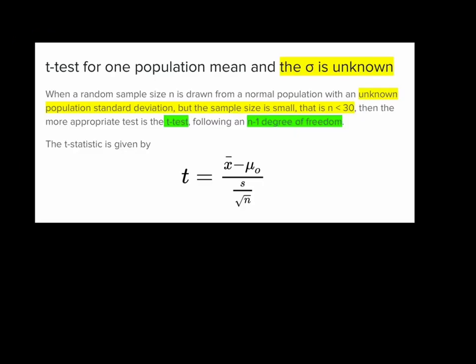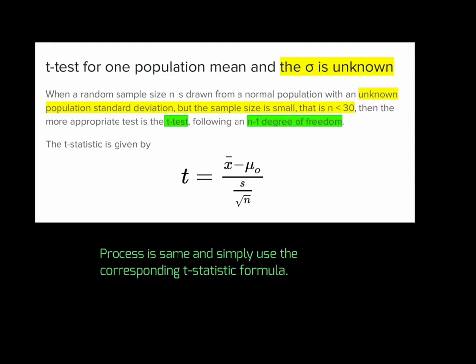Whenever we perform hypothesis testing, know that the process will be the same for all topics, and the only thing that will change from one topic to another is the test statistic that you have to use.